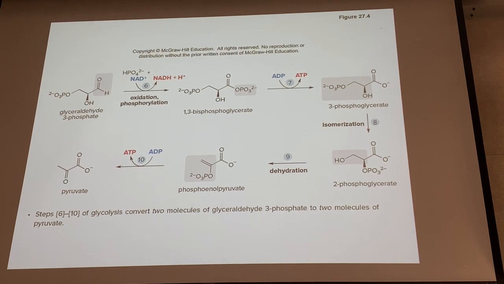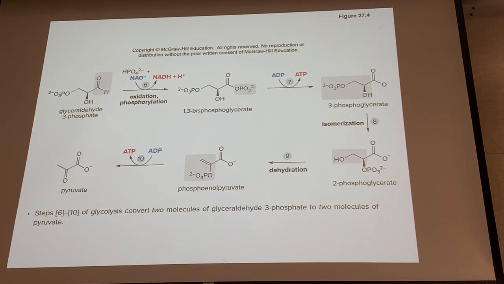So we're not really going to go over the mechanism of how that happens. But that sets us up for step 9, our next to last step in the pathway, and that is a dehydration reaction.